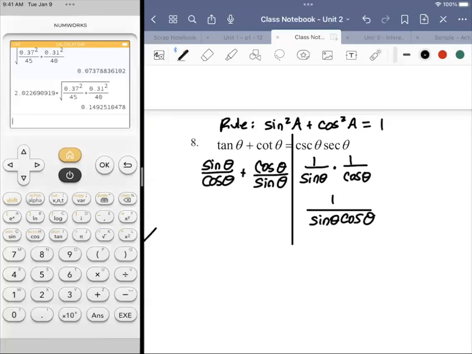The relationships are always the same, right? So what I can do here is replace the 1 with a sine squared theta plus cosine squared theta, and that would be over sine theta cosine theta.